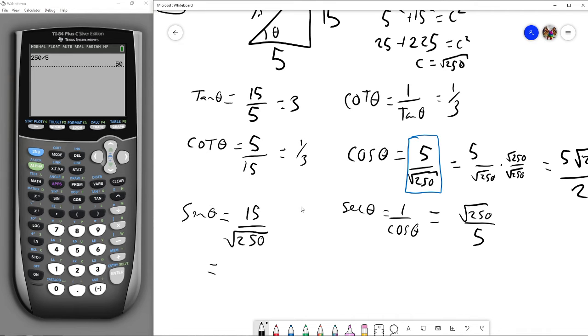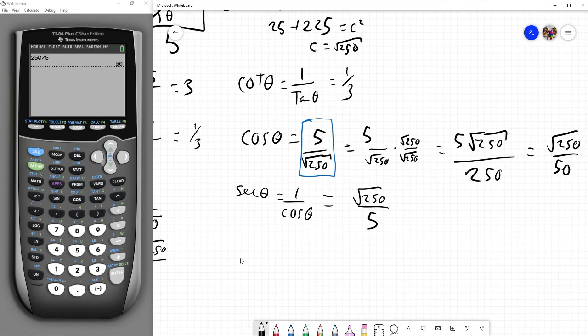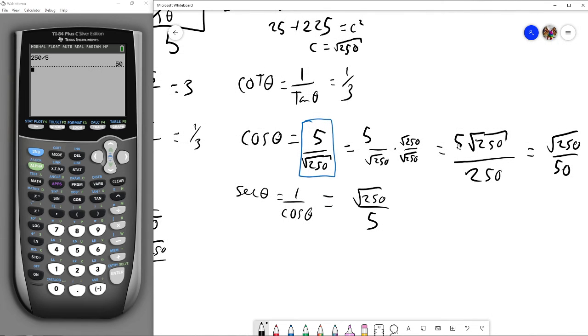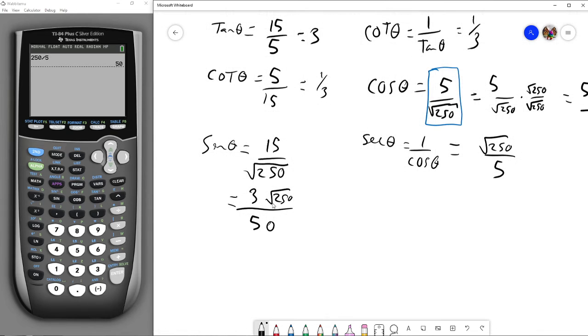If we note 15 is 3 times 5, that means we're going to have 3 root 250 over 50. The reason being is because we found out that 5 divided by 250 was 50 over here, so no need to redo that work. And we can note that 50 is not divisible by 3.